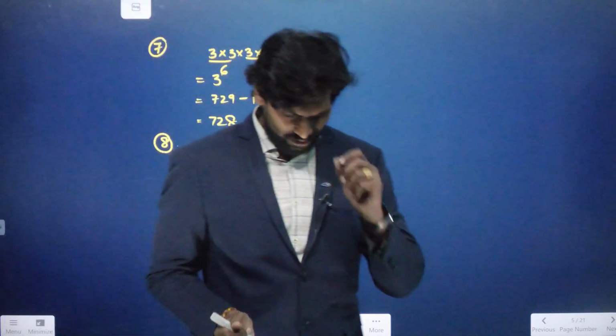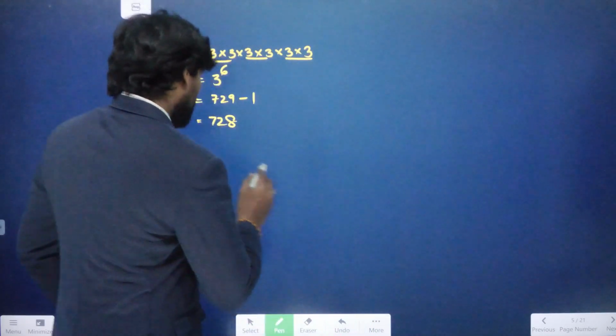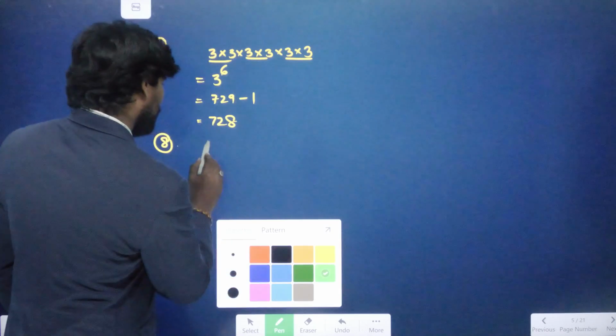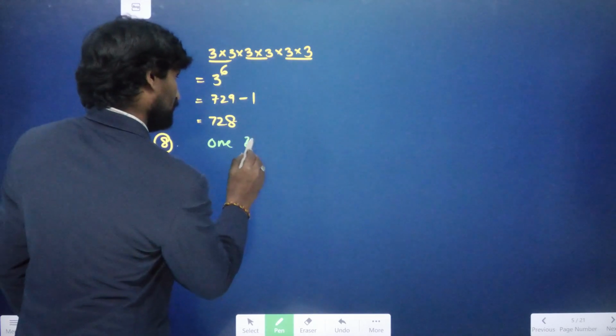Now, eighth question. The number of ways in which one or more balls can be selected out of 10 white, 9 green, and 7 blue balls. Here also the condition is given like one or more balls.